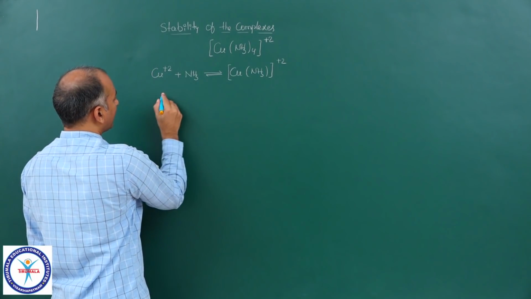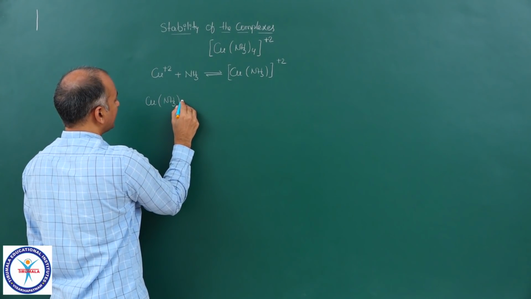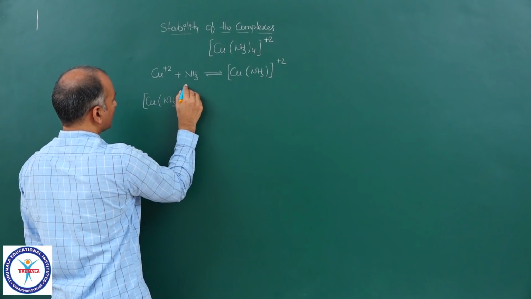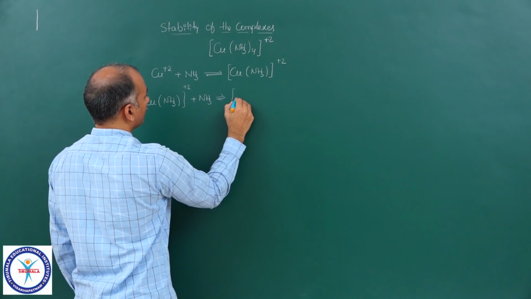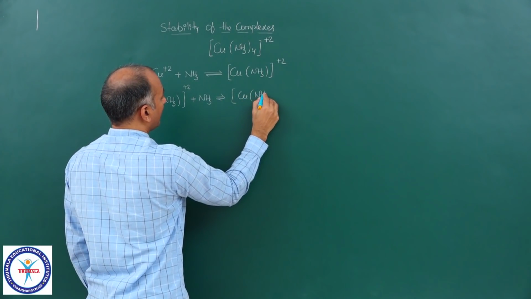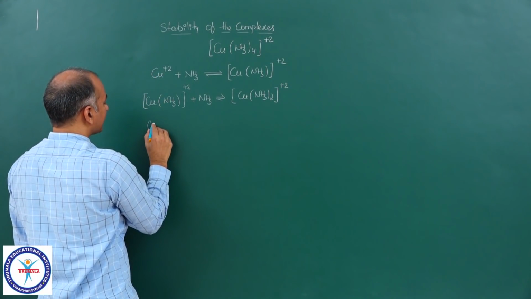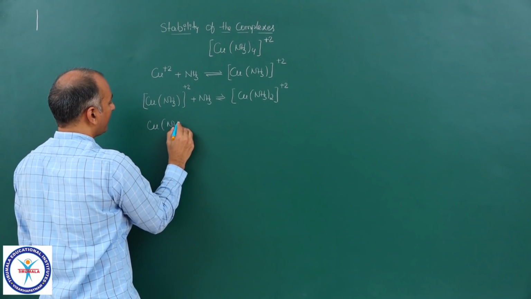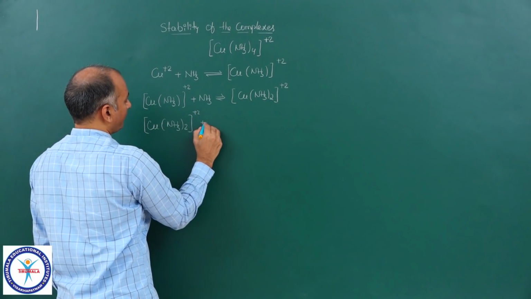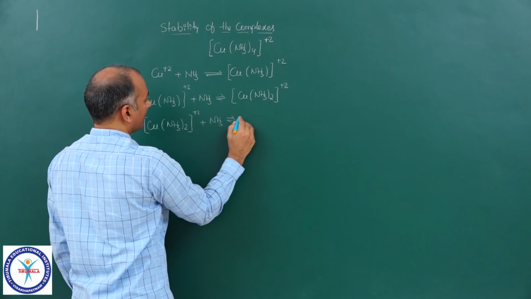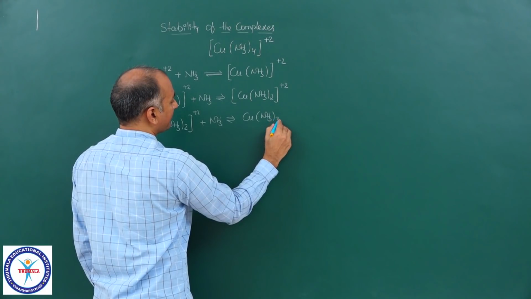Now next, this particular complex [Cu(NH3)]2+ combines with another ammonia to form [Cu(NH3)2]2+. Now the resultant complex combines with a third ammonia and you will get [Cu(NH3)3]2+.